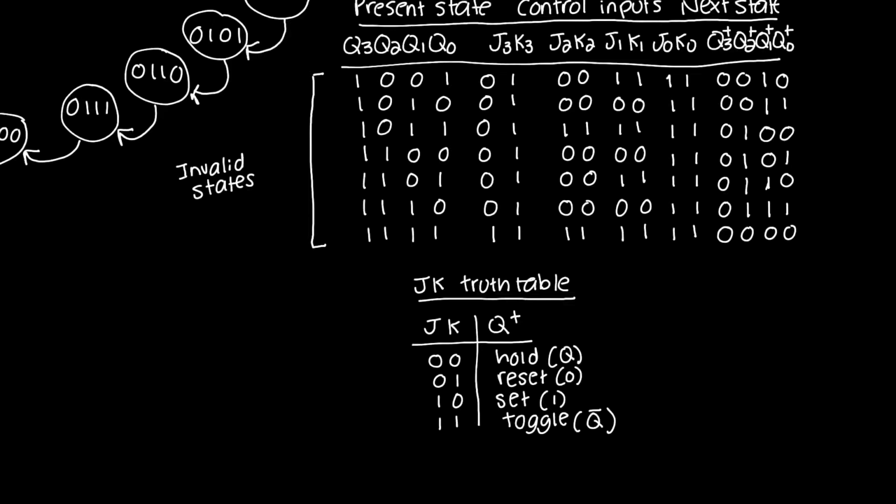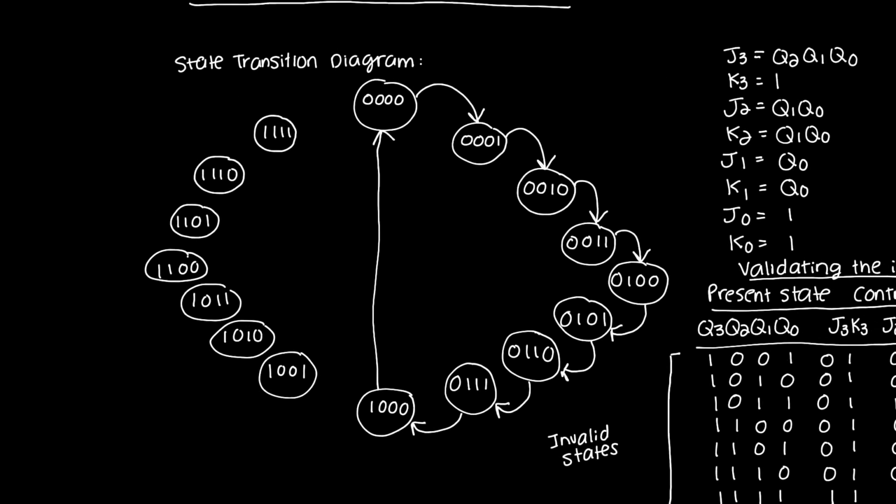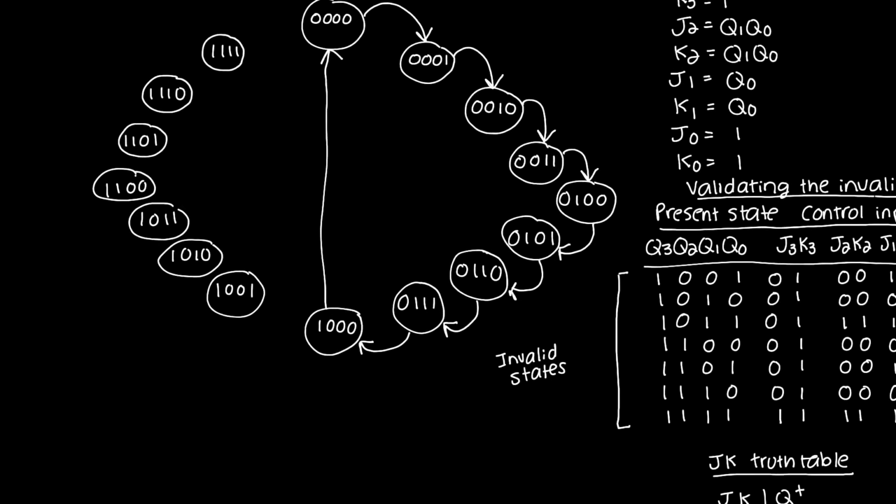That's it. So what do I do with this information? Well, I can see that when the present state is 9, the next state is going to be 2, 0, 0, 1, 0. So let's draw an arrow over here. Let's update our state transition diagram. So I know that in state 9, my next state is going to be 0, 0, 1, 0.